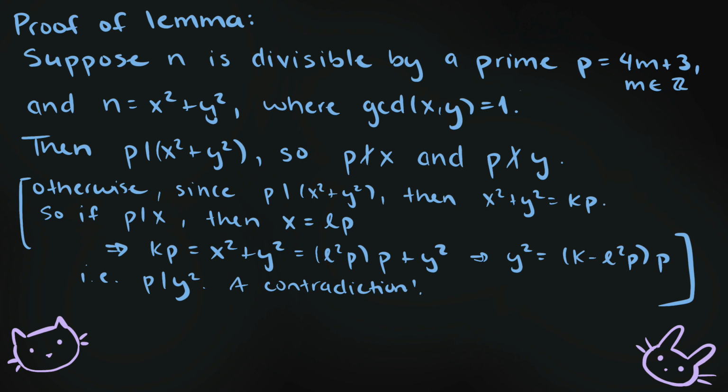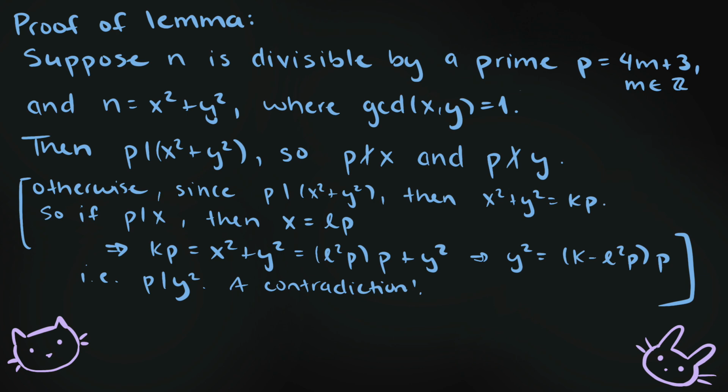So why is this? Well, suppose p divides x. So since p divides x squared plus y squared, then we can write x squared plus y squared is equal to some integer k times p. And now if p divided x as well, we can write x is equal to some integer l times p.